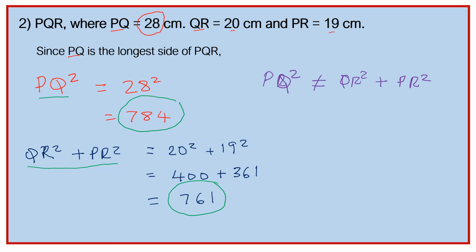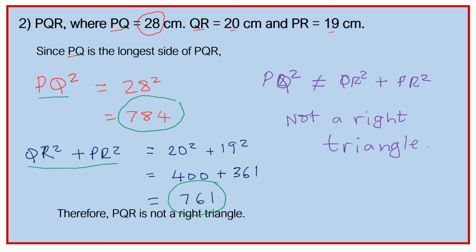So it means that this is not a right triangle. So PQR is not a right triangle.